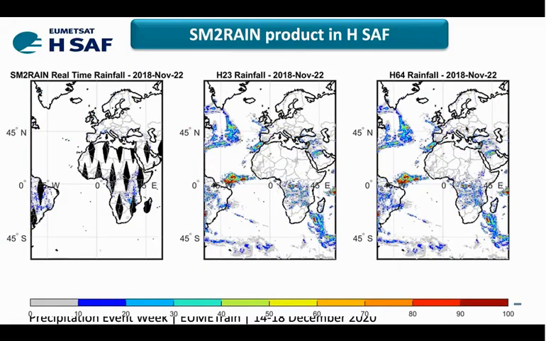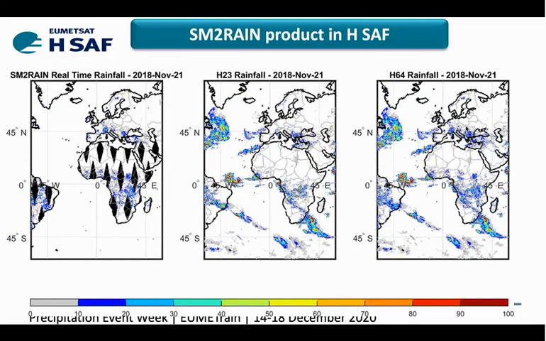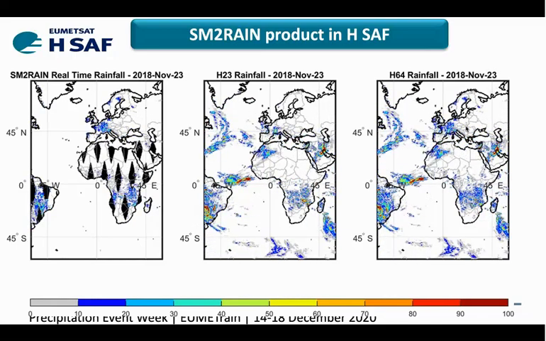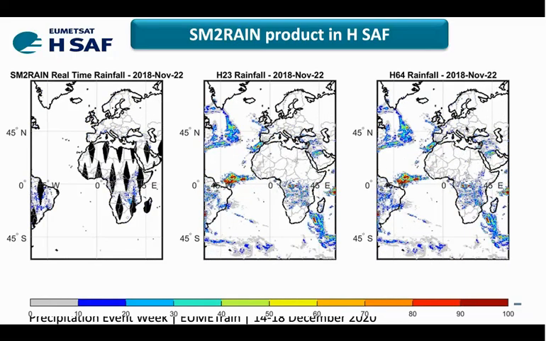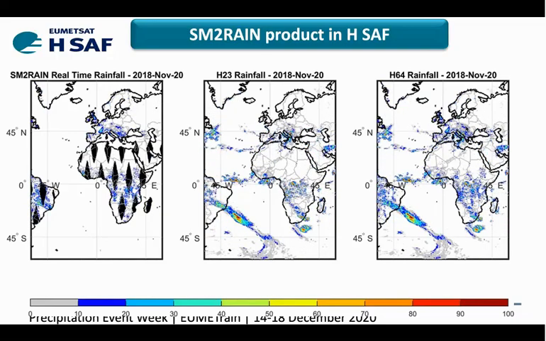There is another category of precipitation products. This is called the soil moisture to rain product, and it is coming soon inside HSAF and will soon be available as an operational product.